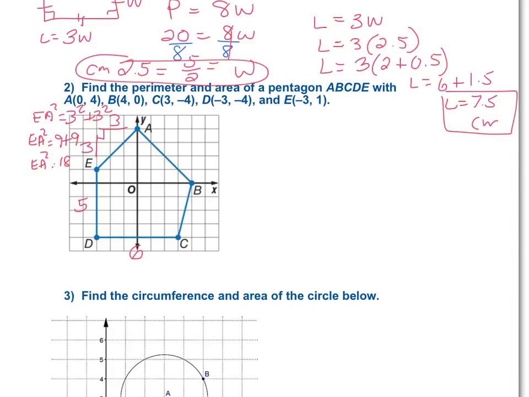And I'm going to take the inverse operation of squaring, which is square root, and I get EA is going to equal the square root of 18. And at this point, maybe I'm going to use my calculator because I know I've got to find the perimeter, which means I have to add up all the sides.